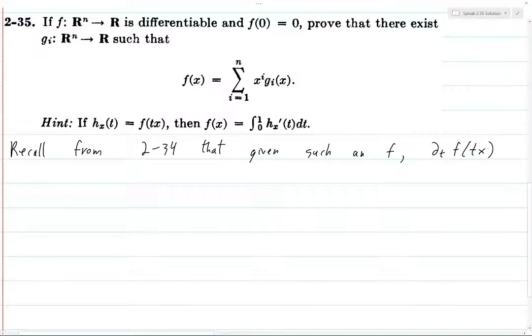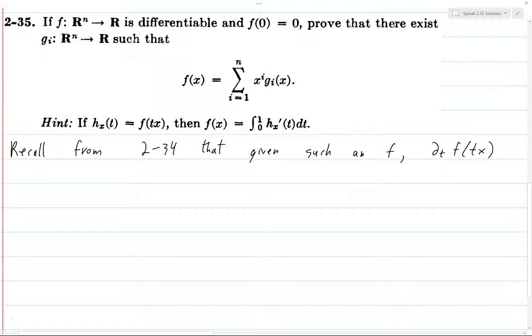But because the function is actually a function of both t and x, and we're just treating it as a function of t, I want to specify that we're taking the derivative with respect to t. That's why I've written partial t instead of just d1.